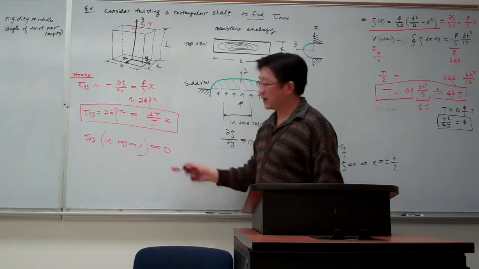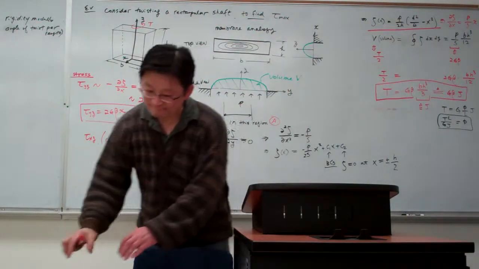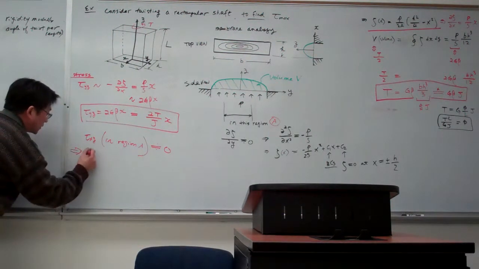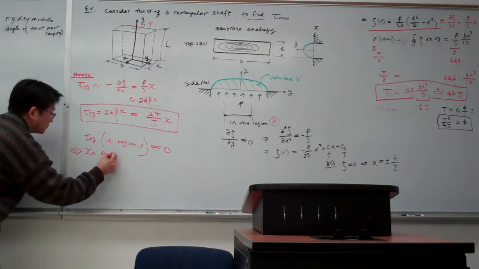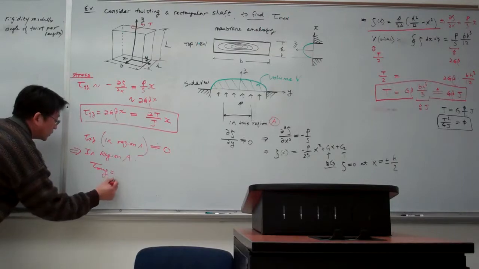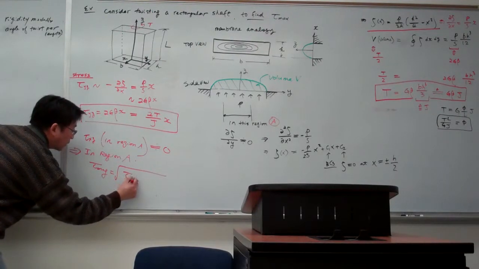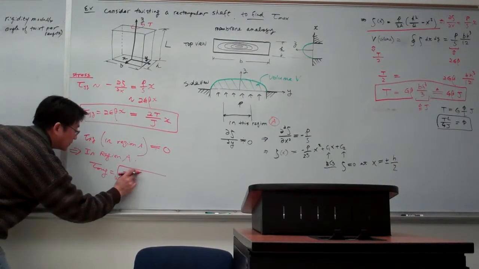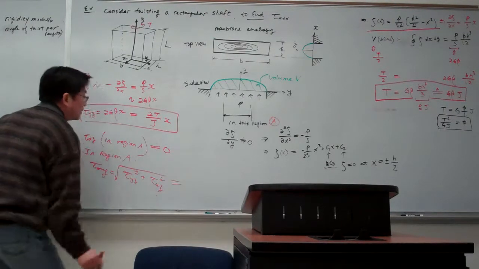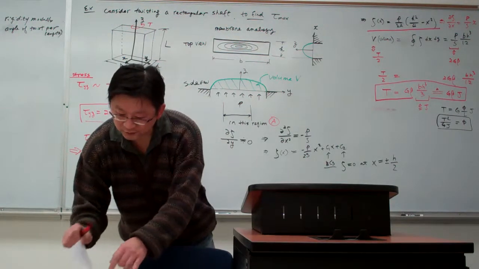So that means the magnitude from this equation, in region A, will be equal to tau yz squared plus tau xz squared, and that one basically is equal to this one.